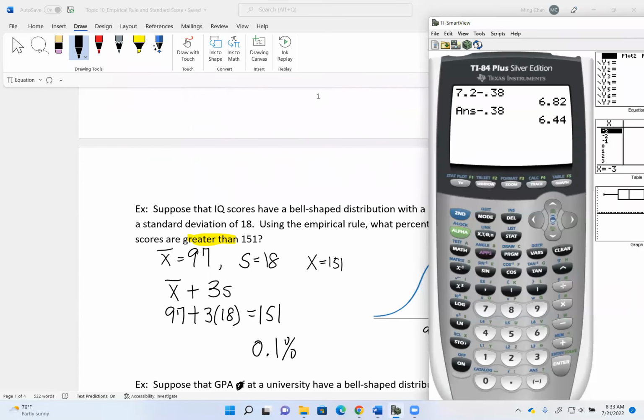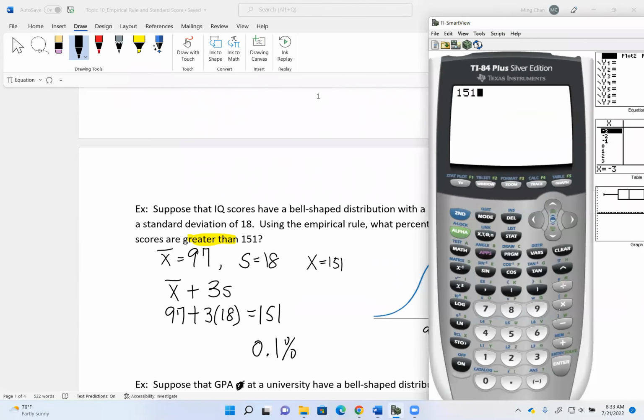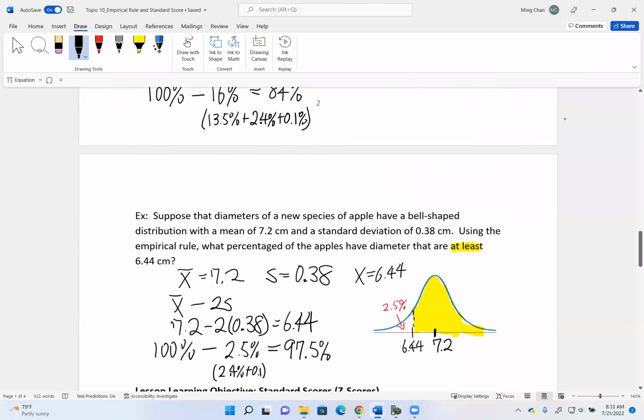So think about this. 151 subtract 97 is 54 places, so 151 is 54 places to the right. If I divide it by the standard deviation, which is 18, that tells me 151 is 3 standard deviations above the mean.